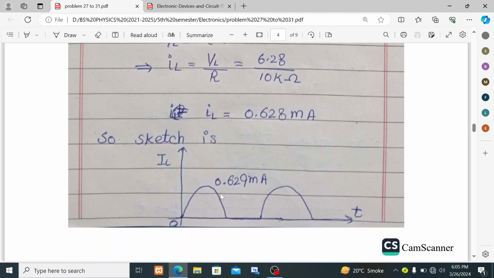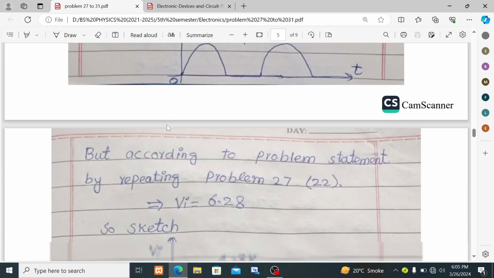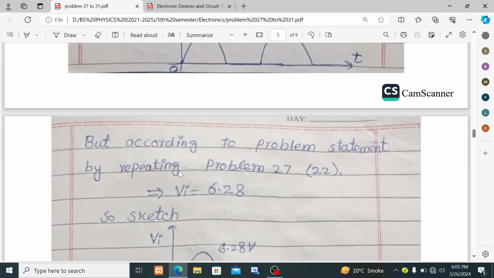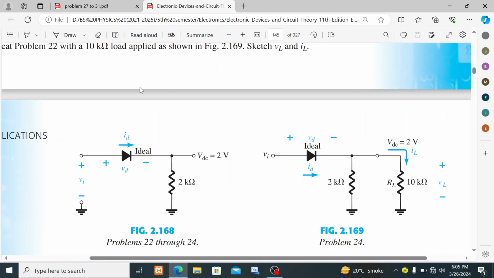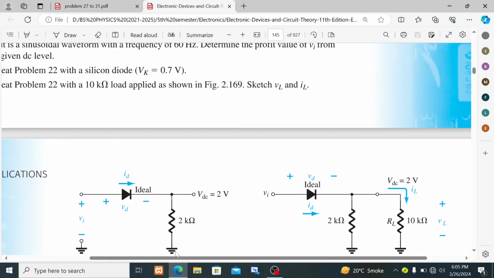IL is equal to 0.629 milliampere for positive cycle, while for negative cycle no current flows. As no current flows, current will be 0 for negative cycle, and again for positive cycle this will be equal to 0.629 milliampere.